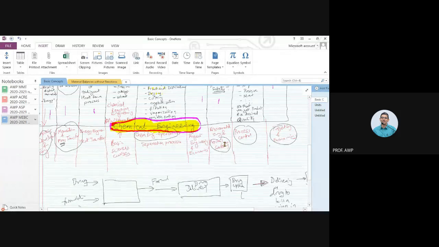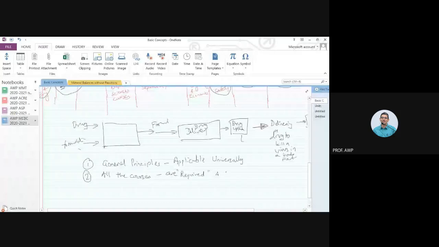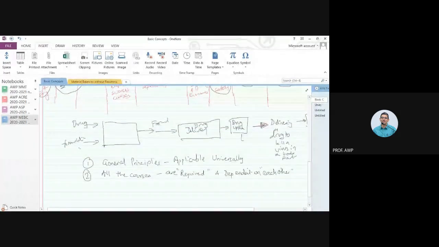All these courses are required and they are dependent on each other. So don't take any course lightly. Don't take any course and say, that is not going to be required. Everything is going to be required at some point of time.